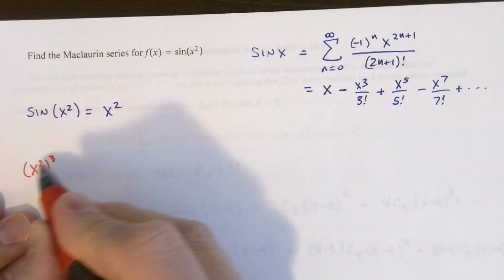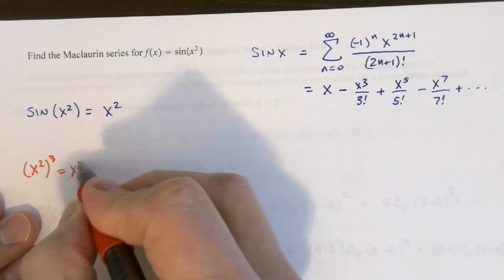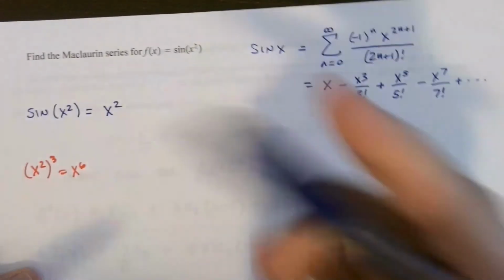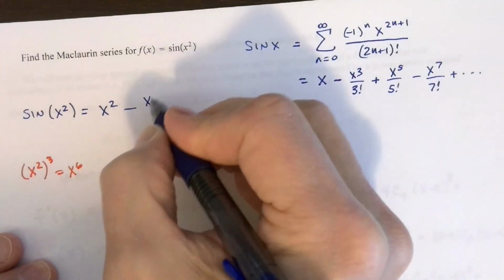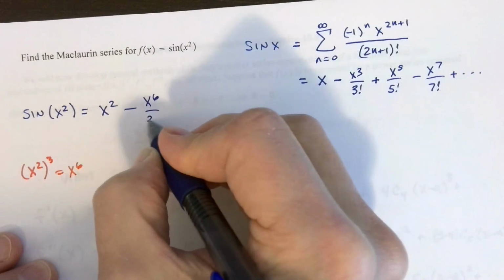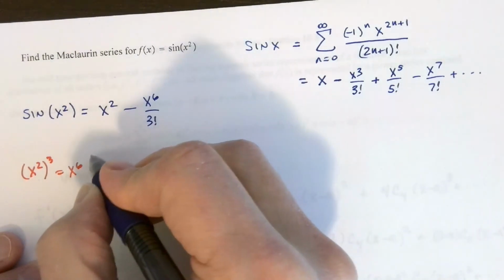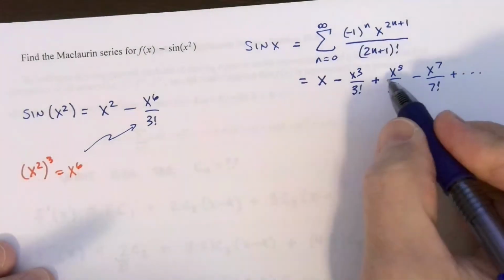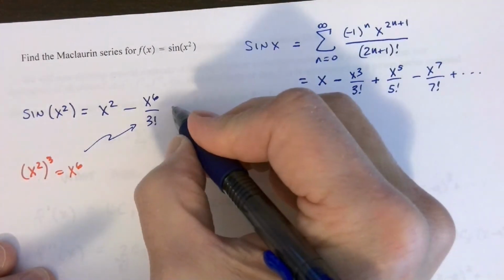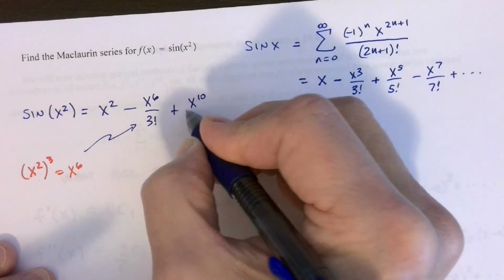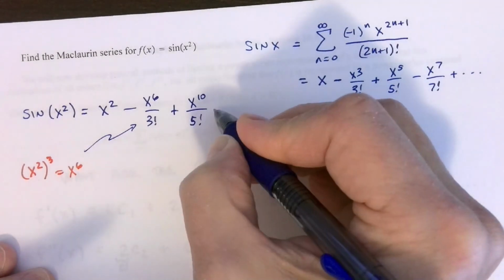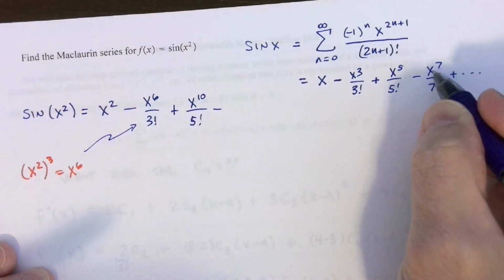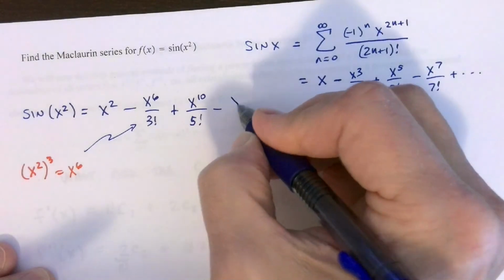So what do I do with the exponents here? Multiply, right? X to the 6th. So that's going to be minus x to the 6th over 3 factorial, right? And then what? X squared to the 5th is x to the 10th. And then what? x squared to the 7th is x to the 14th.